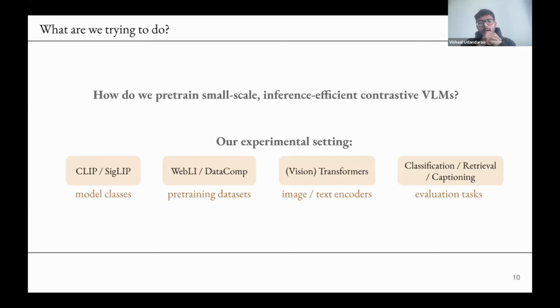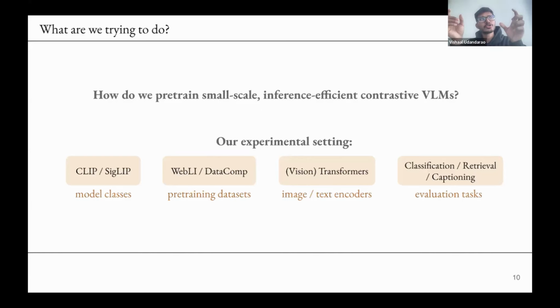Our image and text encoders are just standard transformers. For the image ones, we use vision transformers, and for text, we just use a standard transformer that would operate over text sequences. Finally, we focus on three classes of evaluation tasks: zero-shot classification and image-text retrieval. Both of these are standard in the CLIP setting.